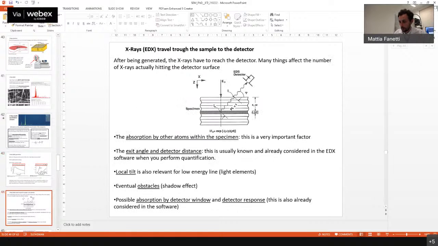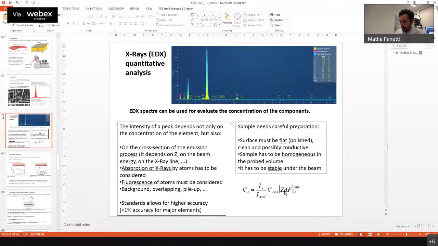Once you emit your X-ray, what is the probability that the X-ray gets absorbed during the travel toward the detector? This is the so-called absorption factor in the ZAF matrix. The A is the absorption, which considers how much of these X-rays are reabsorbed by the material itself.